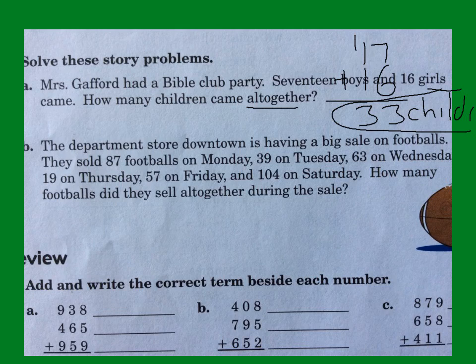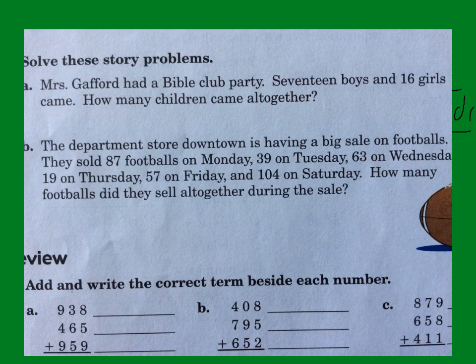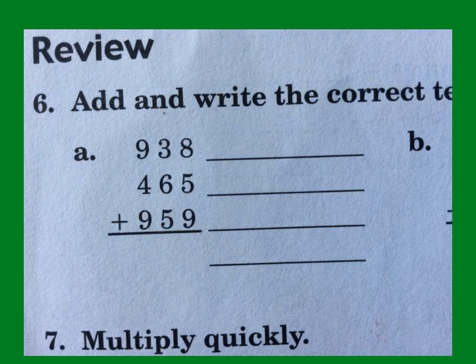So you add up your 87 plus your 39 plus your 63 plus your 19 and plus your 57 and plus your 104. When you add up all those, that's how you're going to get your answer. So you're going to have to do that one on your own, but don't do it yet because we're going to do a couple more together.